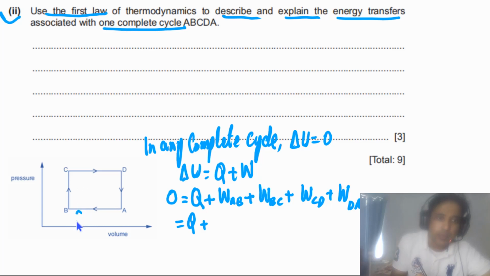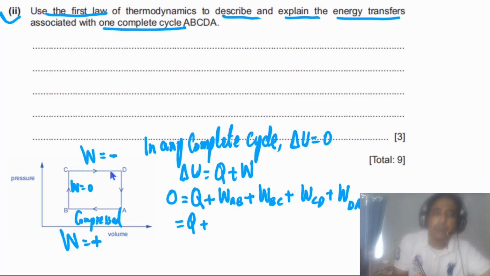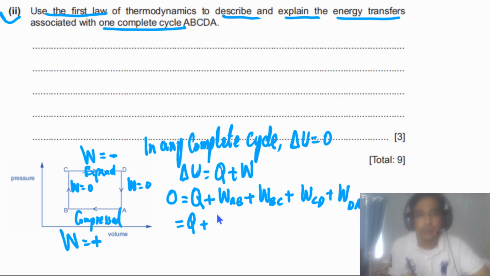In this case, gas is compressed, it means work is done on gas, so this work done is positive. And here work done is equal to 0, and here work done is negative because gas is expanding. Between D and A, work done is equal to 0 because change in volume is equal to 0.